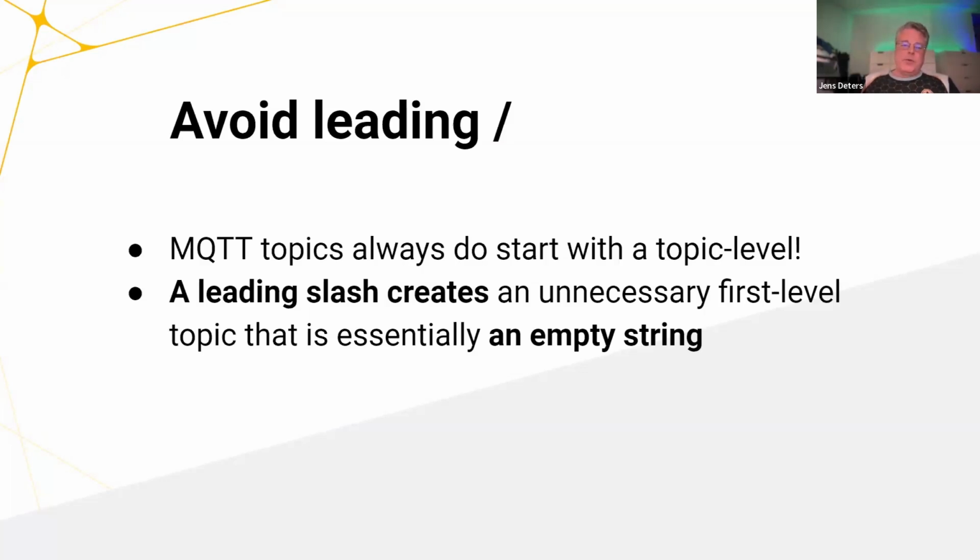But you should really avoid this when dealing with MQTT, because every topic in MQTT always starts with a topic level, and if you start with a leading slash, you're introducing an empty string as the first level. This is really unnecessary. You don't need that. You should avoid it.